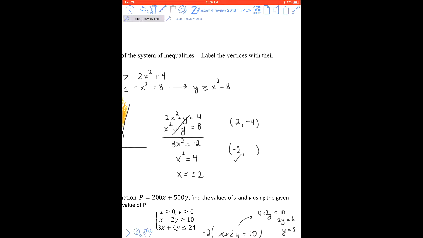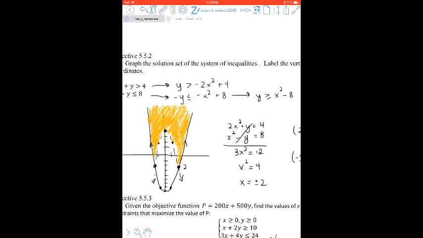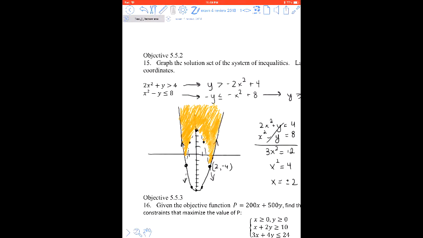Now, if I want to plug in the negative 2, I'm going to use the same equation right here. Negative 2 squared is still 4. 4 times 2 is 8, so I get the same equation. 8 plus y equals 4, so y equals negative 4 again. So it looks like we've got 2 comma negative 4, and then over here, negative 2.